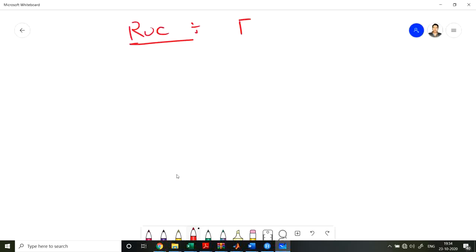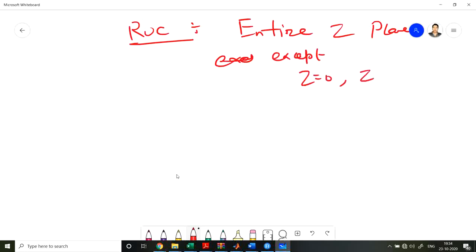except z equal to 0 and z equal to infinity, when N1 is less than 0 and N2 is greater than 0.